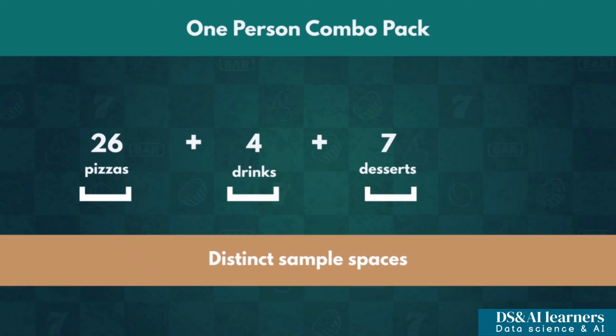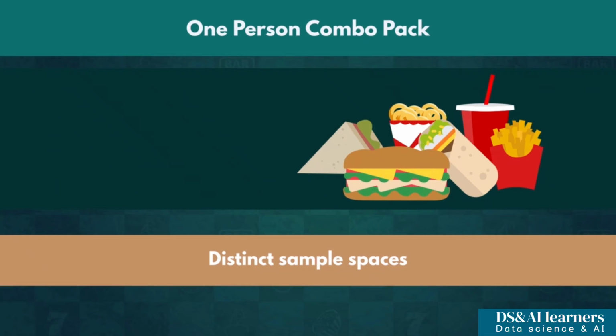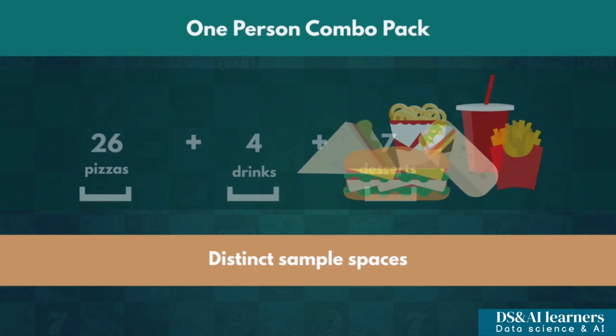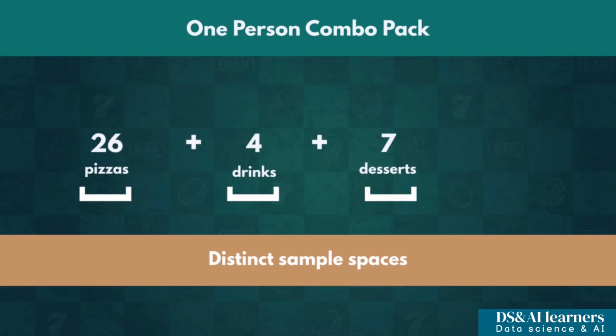This scenario is identical to the diner example we explored a few lectures ago, where we had to construct a lunch menu out of a sandwich, a side, and a drink. Therefore, we know how to find the total number of different combinations. We simply multiply the size of the sample space for each position.